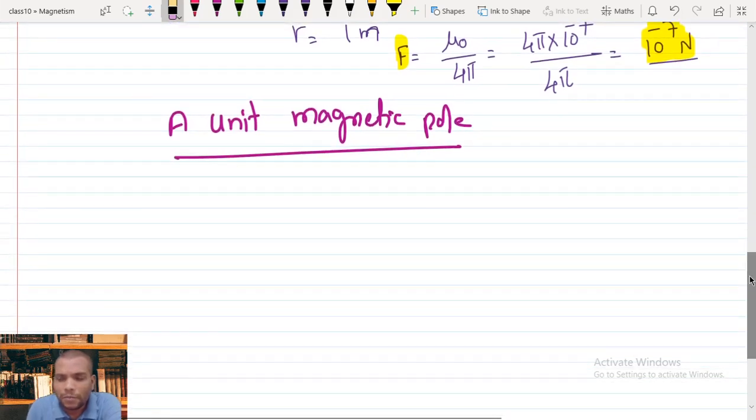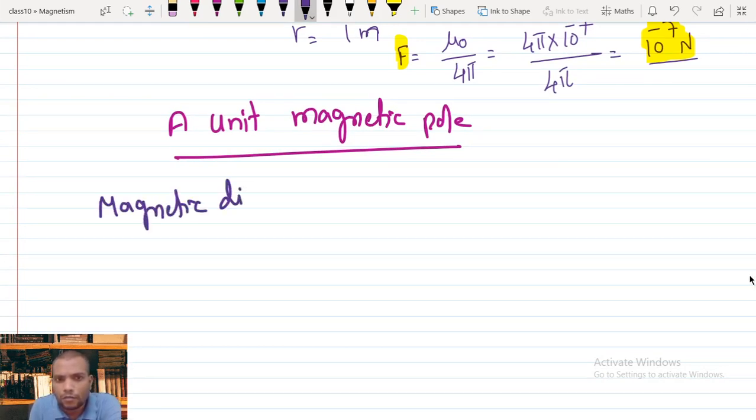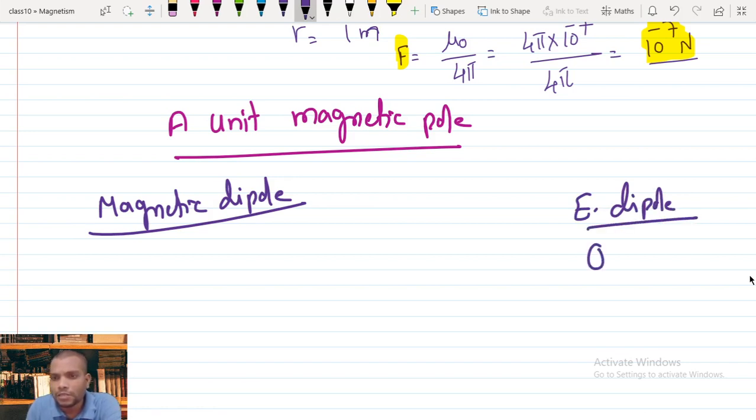Now after defining the unit magnetic pole, we mostly depend upon the magnetic dipole. Let us recall the electric dipole. An electric dipole means two opposite charges, minus q and plus q, separated by a distance of 2L.